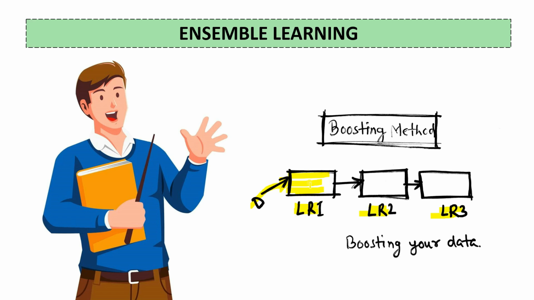In order to remove this error, this model passes its output to the next model so that it can improve or boost its machine learning model predictions. So in the case of boosting, your data is boosting and tries to minimize the error.